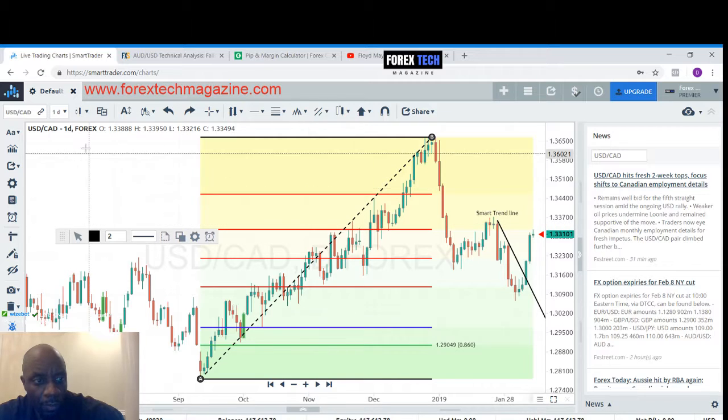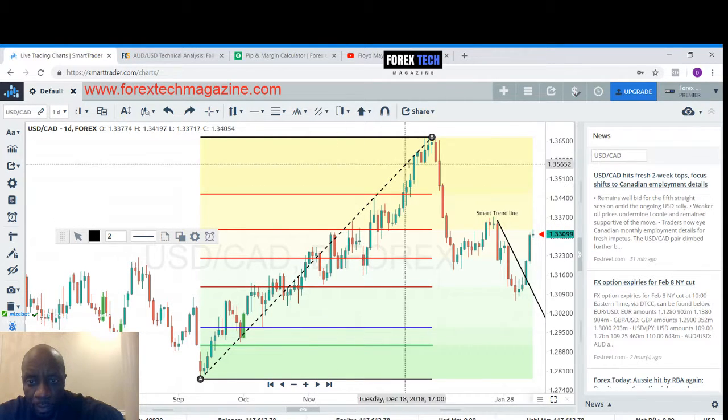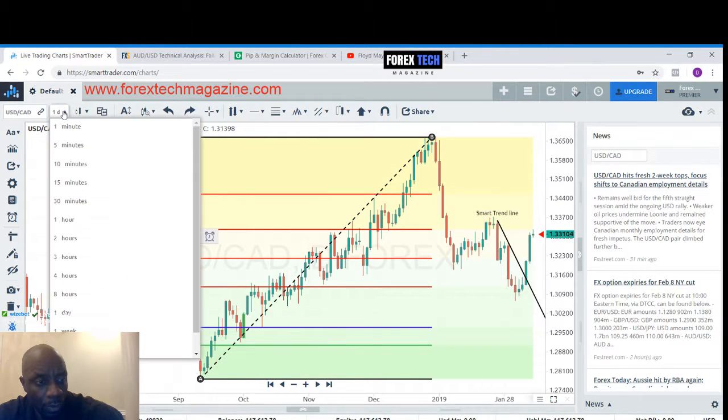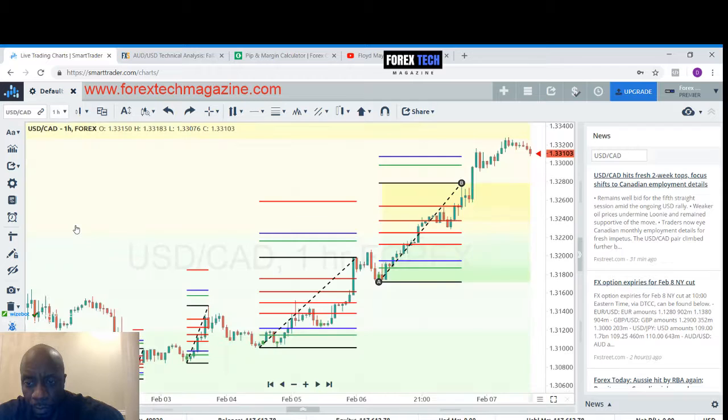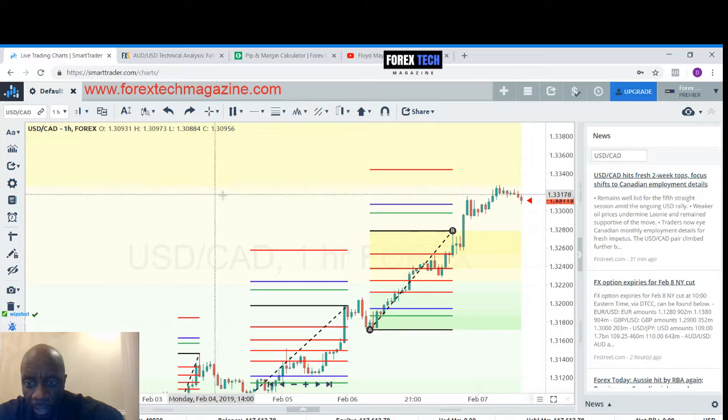It looks like it's still on an upswing, which is really good because this pair had been on a downward swing for such a long time. It's getting close to hitting the price target, but hasn't hit it as of yet. It looks like a bit of a pullback.